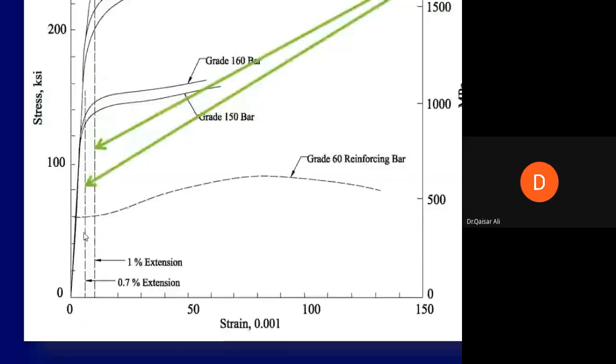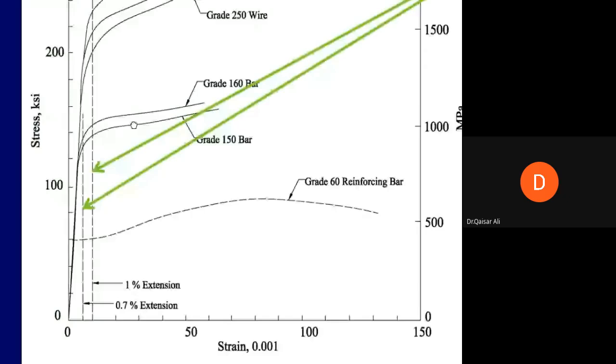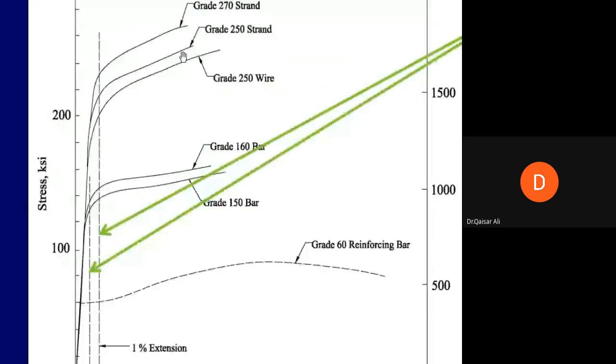Okay, so you can see the stress strain curve for a grade 60 steel, and this is for 150 bar, this is for 160 bar, this is for grade 250 wire, grade 250 strand and grade 270 strand.